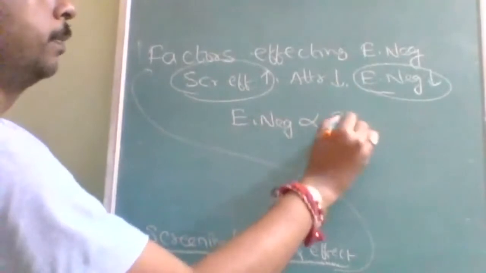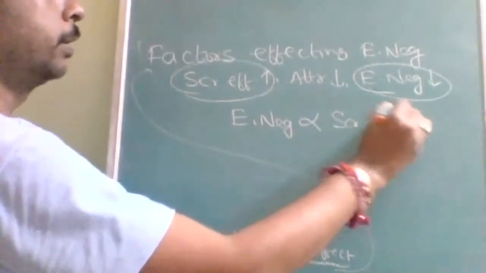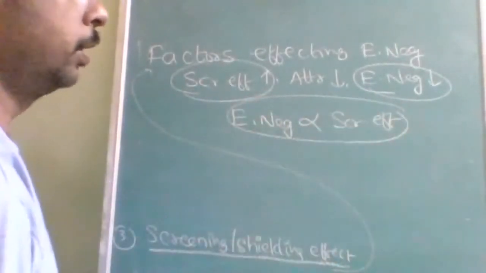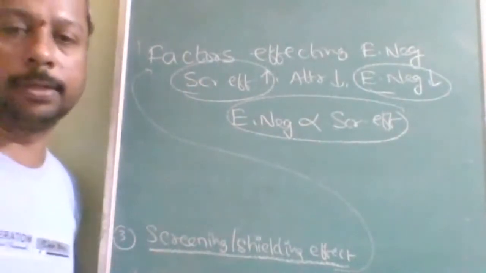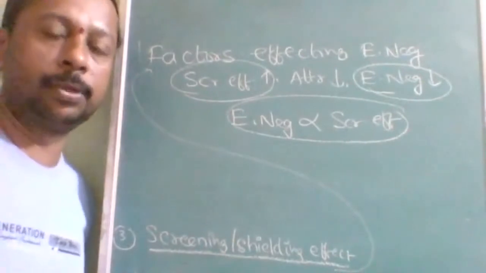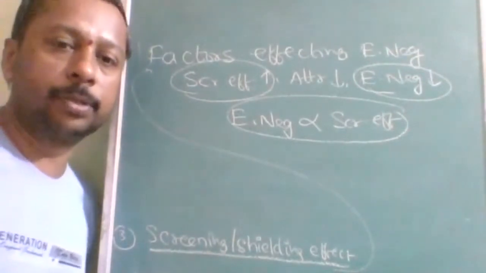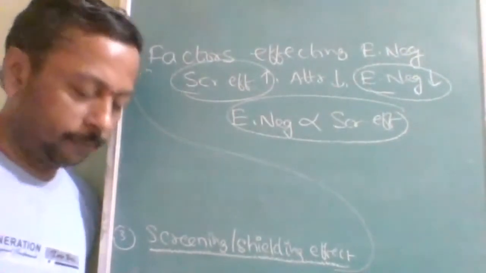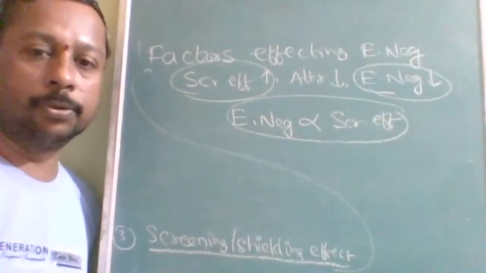Electronegativity is inversely proportional to the screening effect. So these are the three relations: atomic size inversely proportional, nuclear charge directly proportional, screening or shielding effect inversely proportional. Note down these three.